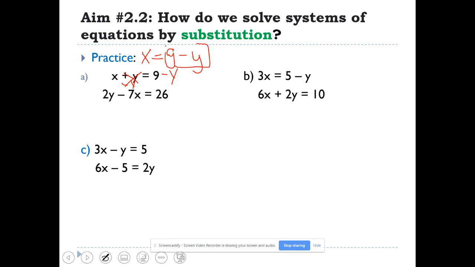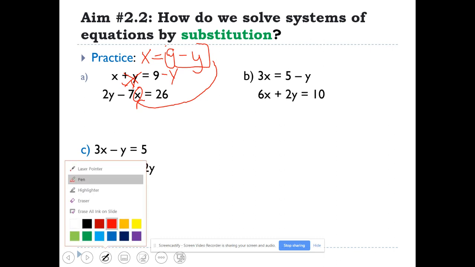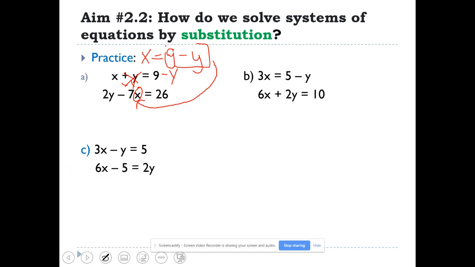Because that's equal to x, I can take that whole thing and plug it in right there and only there for our new equation. So I keep 2y minus 7, and the only thing that's changing is that letter x. So we have 9 minus y in here. Now, all I have are y's, and we can solve for y.